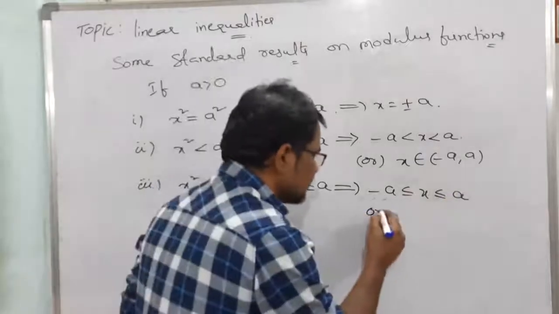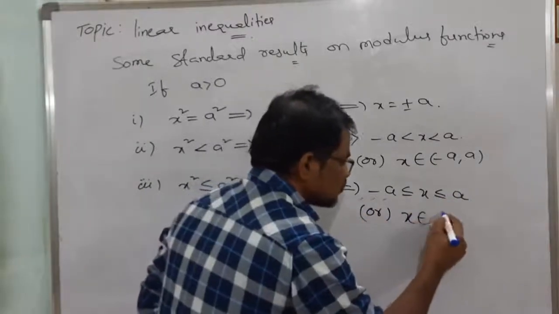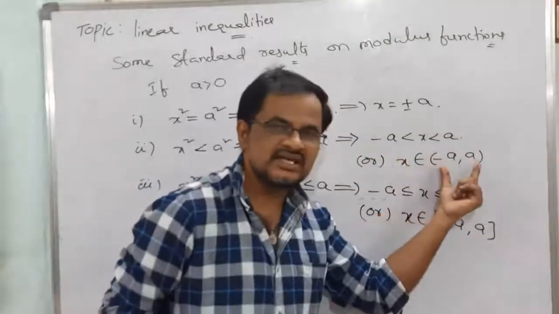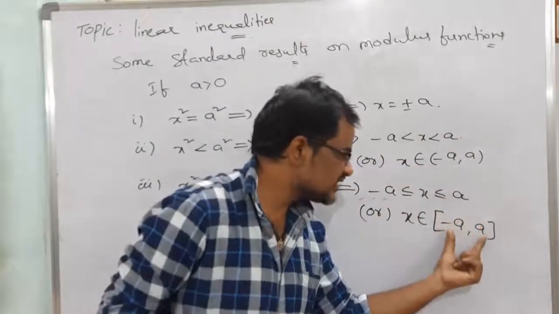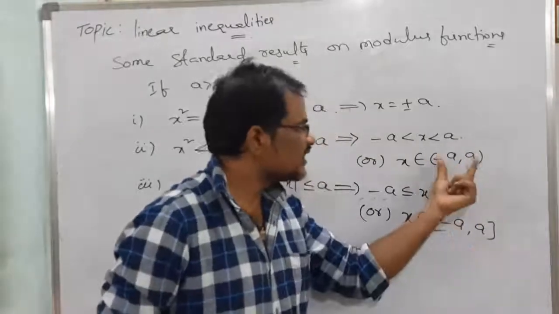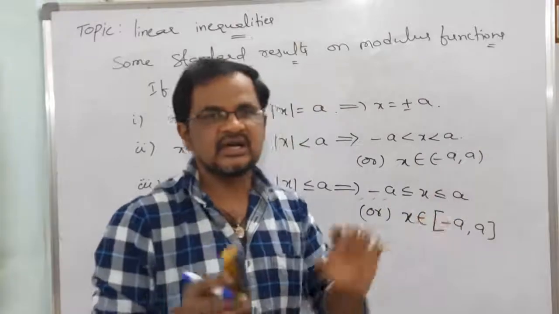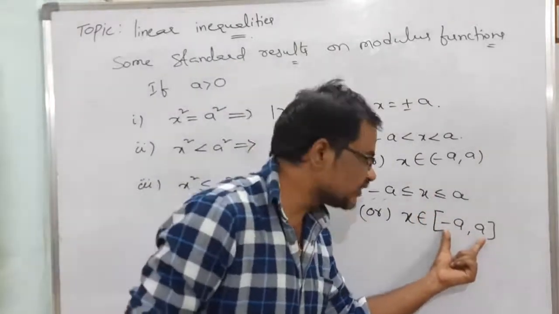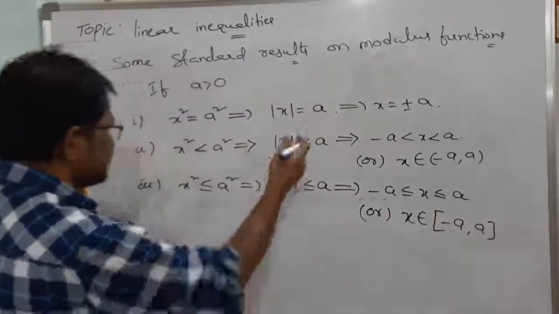In terms of intervals, x belongs to the closed interval minus a comma a. In the open interval we are not considering the end values, only the real numbers between them. Here, between and including the end values also. That is the difference between these two.